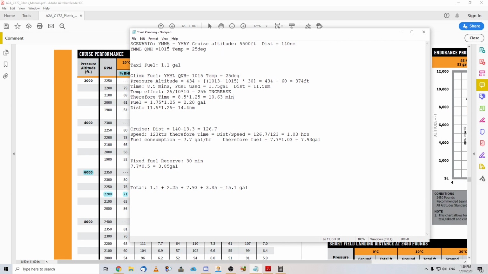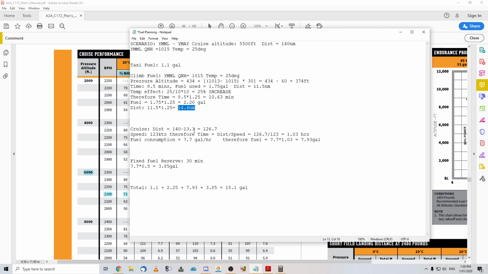Now we know that between Melbourne and Albury is 140 nautical miles. But of that 140 nautical miles, 14.4 is going to be used for your climb.